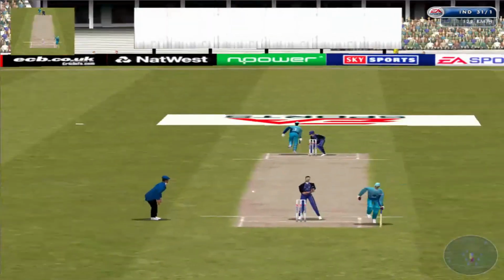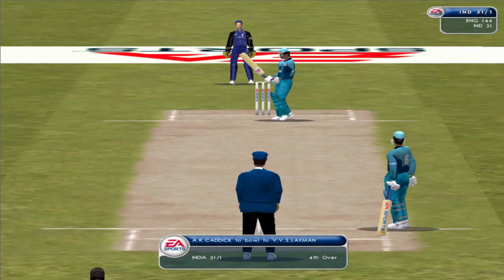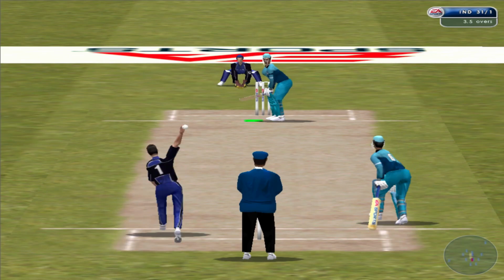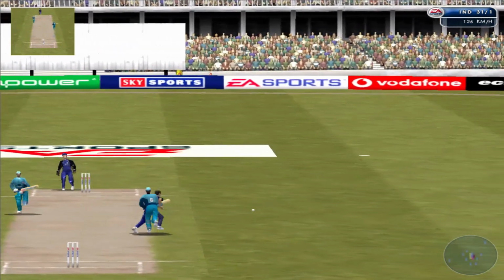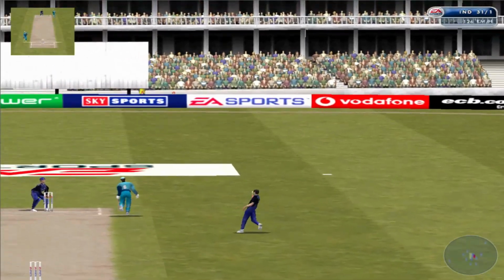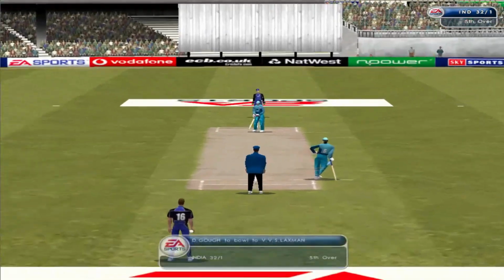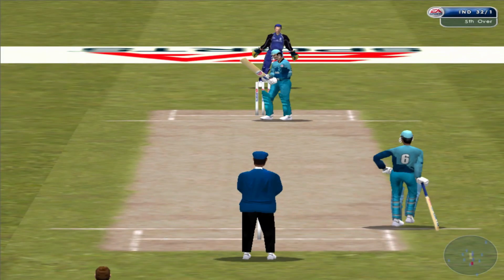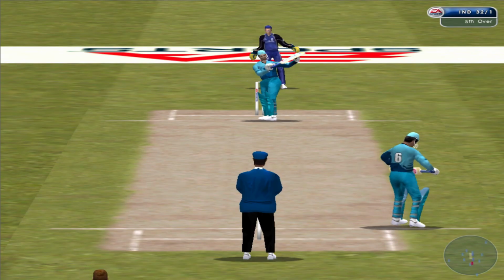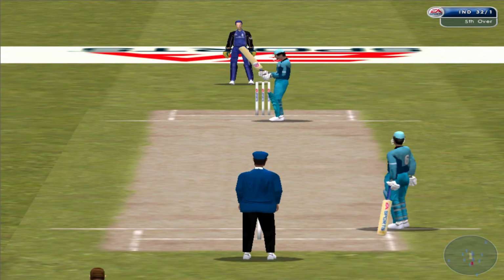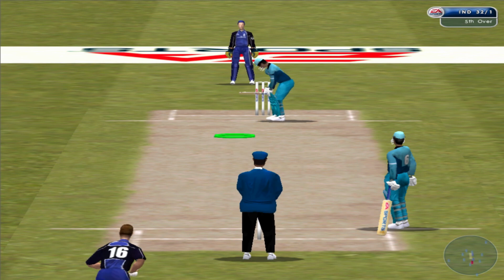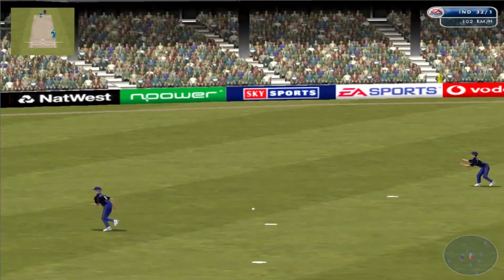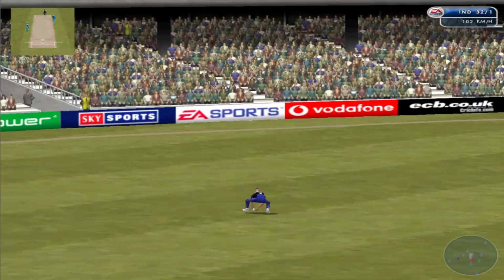It's straight at Thorpe. Goff to begin a new over. The required run rate is around 7 and over. Not timed perfectly, but they'll get some runs anyway.